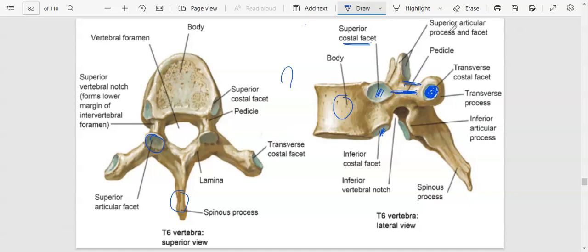Then you've got the superior articular process and facet also here. Those are also articular facets. And then you've got the transverse costal facet, which we've already mentioned, and the transverse process, something that comes outside like that. Since this is a transverse costal facet, then this is going to be a transverse process. Then the inferior costal process, this thing that comes outside as a process.